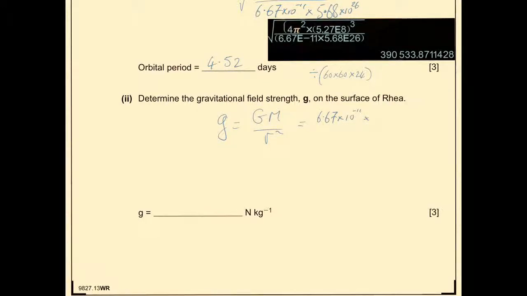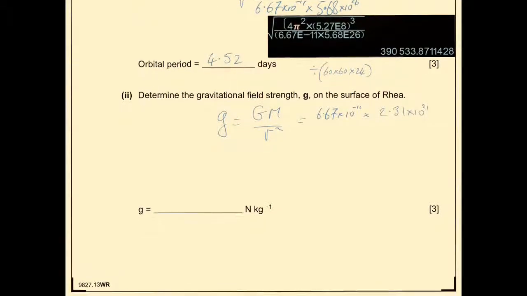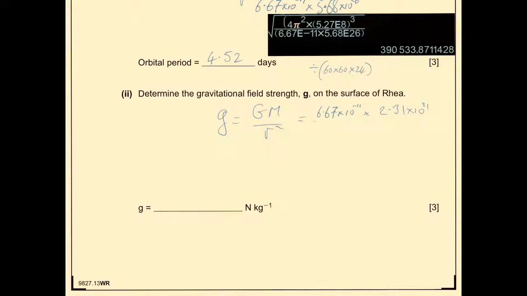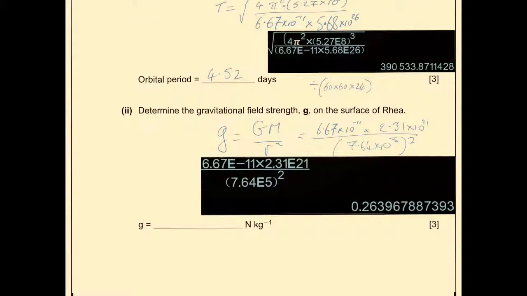So big G, mass of Rhea, and then the radius of Rhea to get us how far we are out from the centre, point 64 times 10 to the 5, and that's because it needs to be in meters. So GM over r squared, feed that into the calculator, and we get this value of 0.26 newtons per kilogram.